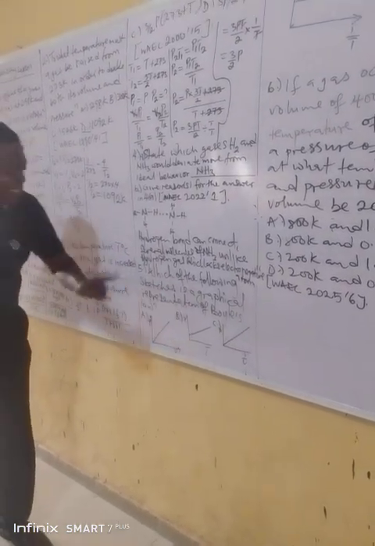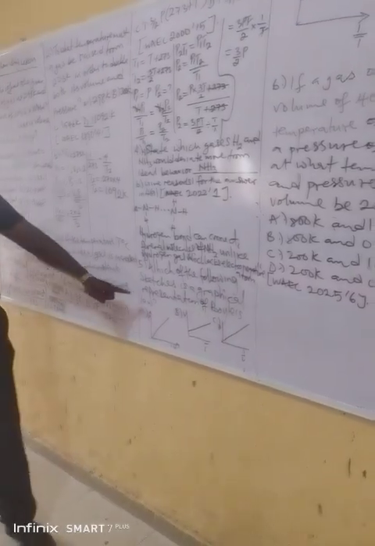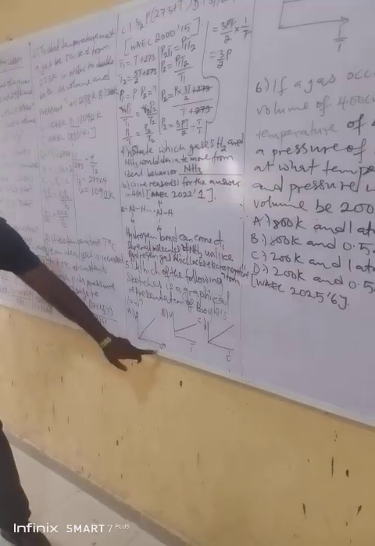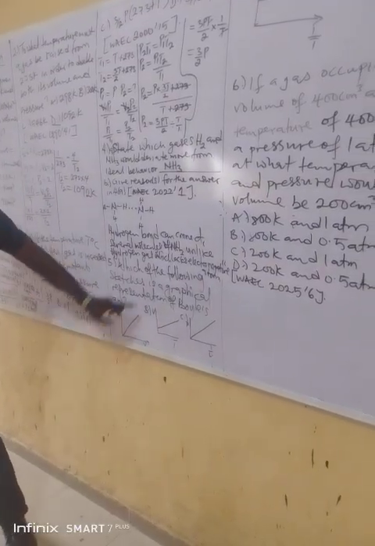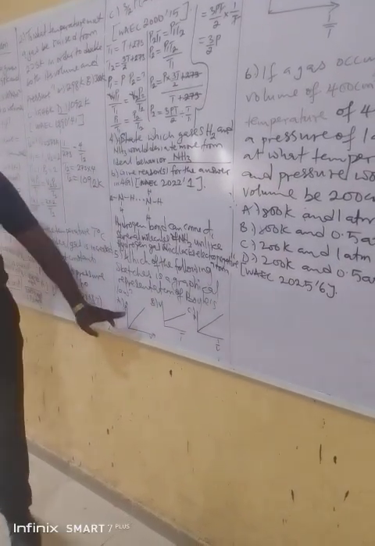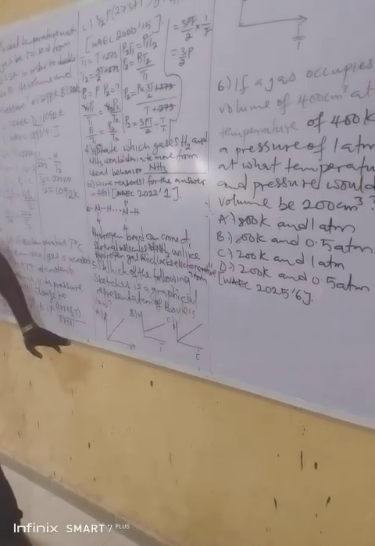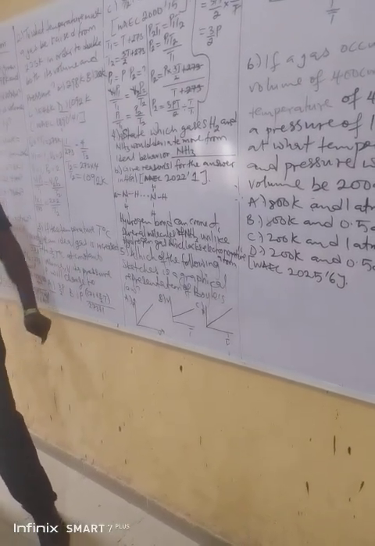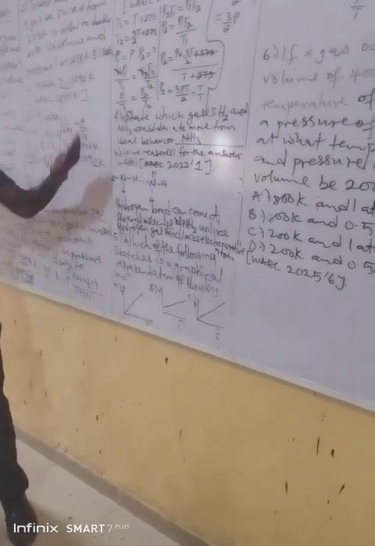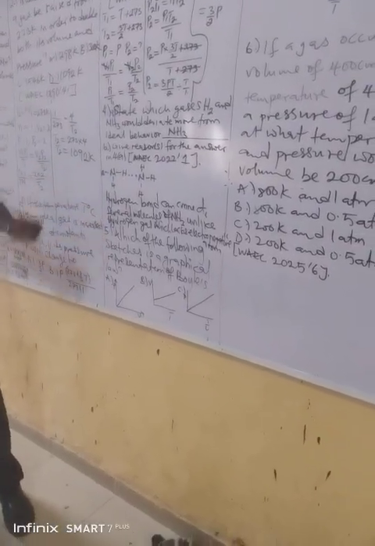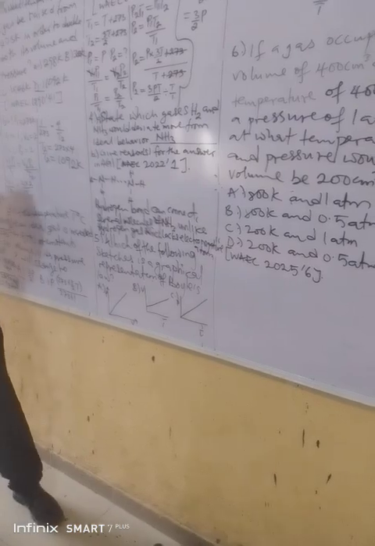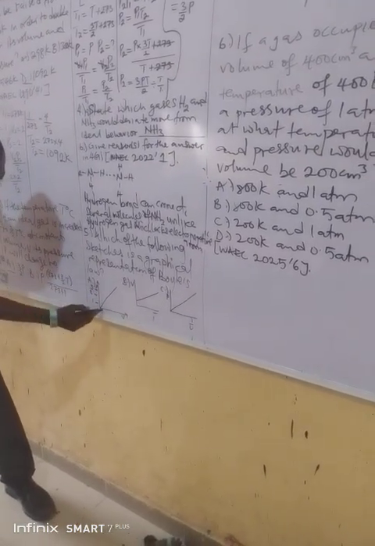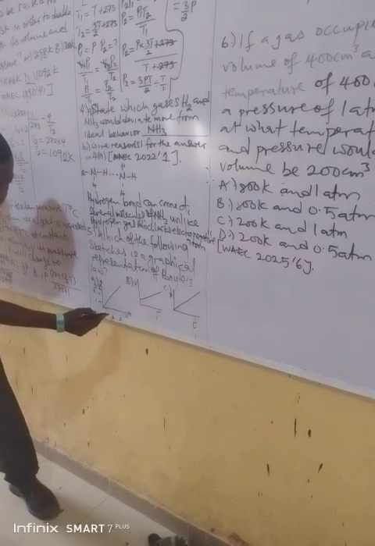Which of the following sketches is a graphical representation of Boyle's law? This is pressure. This is volume. It's supposed to go like this, not like this. Because Boyle's law says that the volume of a system of gas is inversely proportional. If it is inversely proportional, it means as pressure is increasing, volume is supposed to be going down. But according to what we have here, if you number this place 1, 2, 3. Here, 1, 2, 3.